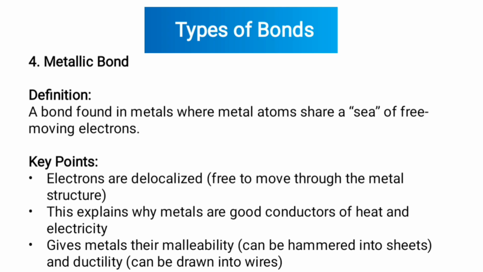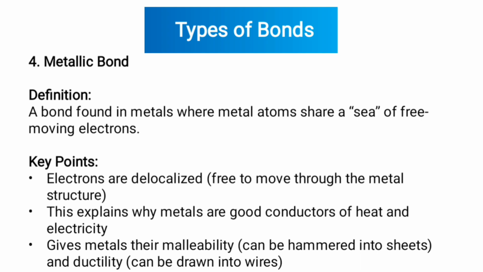And the fourth one, the metallic bond. A bond found in metals where metal atoms share a sea of free-moving electrons. Key points of metallic bonds: electrons are delocalized, free to move through the metal's structure. This explains why metals are good conductors of heat and electricity.